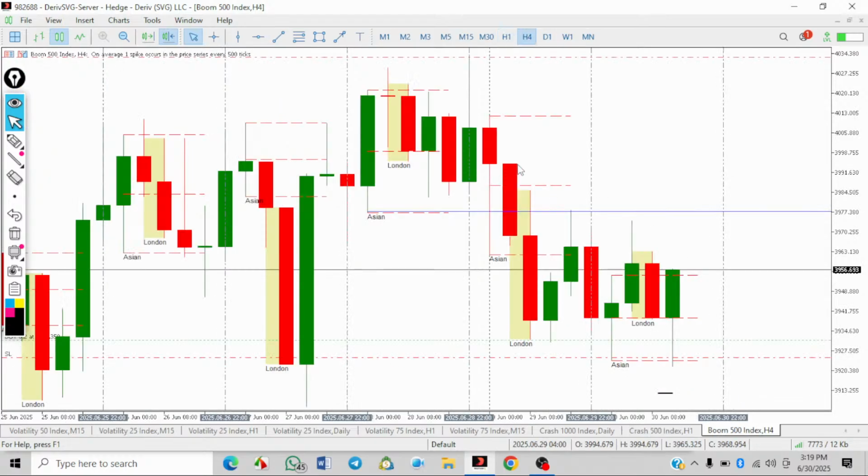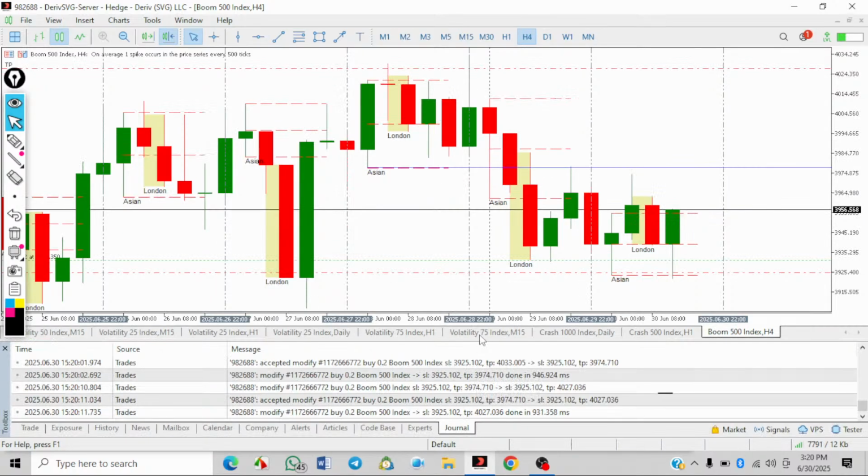At first my take profit can be modified to this area, and that will be about $8.6. I've not shown you my balance, so let me show you my balance. You can see that it is a live account.